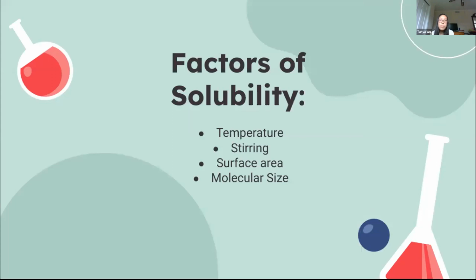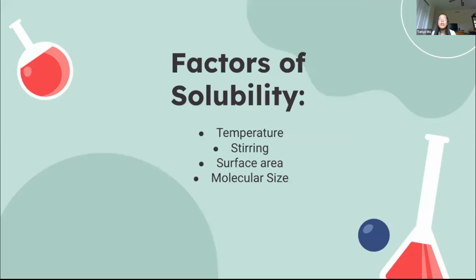So the higher the temperature, the more it's going to bounce around, which means more opportunities for it to break off and dissolve. Stirring is kind of the same concept. The more you stir, the more opportunities for collisions there are, and the more collisions there are, the faster it's going to dissolve.